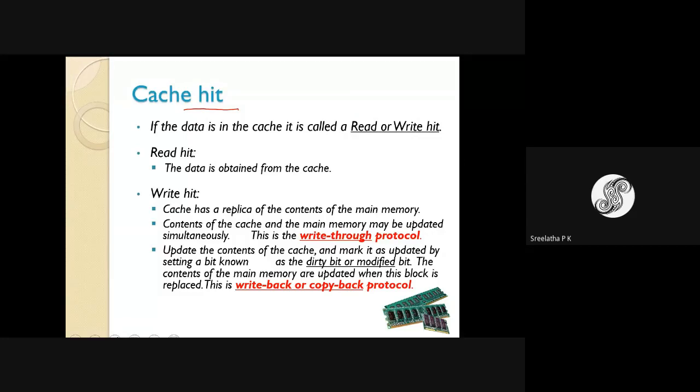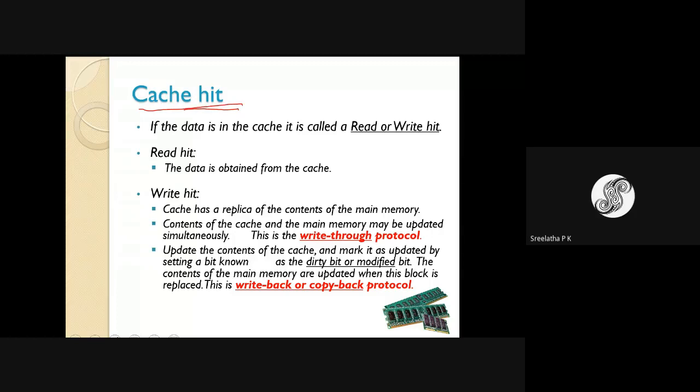The processor may need to write some data to a particular location in memory, or it may need to read the data from the memory or the cache memory. Whether it is for writing or reading, if the data is present in cache memory, it is called a cache hit.